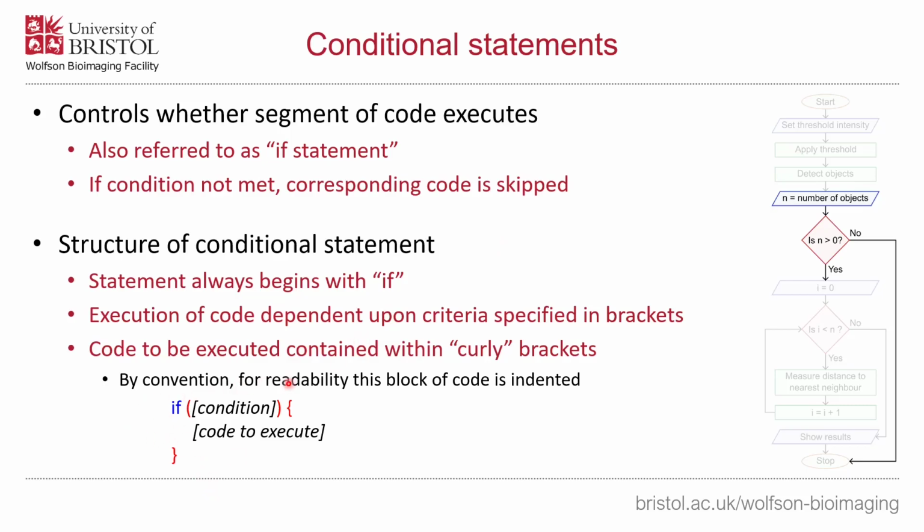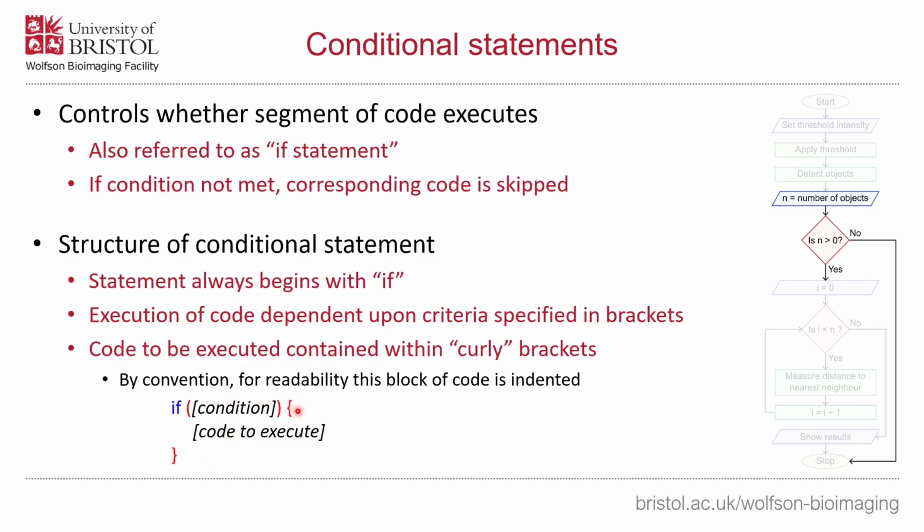And the format of this shown here is kind of similar to that function declaration we looked at on the previous slide. The difference here is that we're using this if keyword, and then rather than having a function name, what we have is these brackets here, or these parentheses, and inside that we will be specifying a particular condition. So you'll see what we mean by that in the next slide. We're just sort of saying, is n greater than 0, for example.